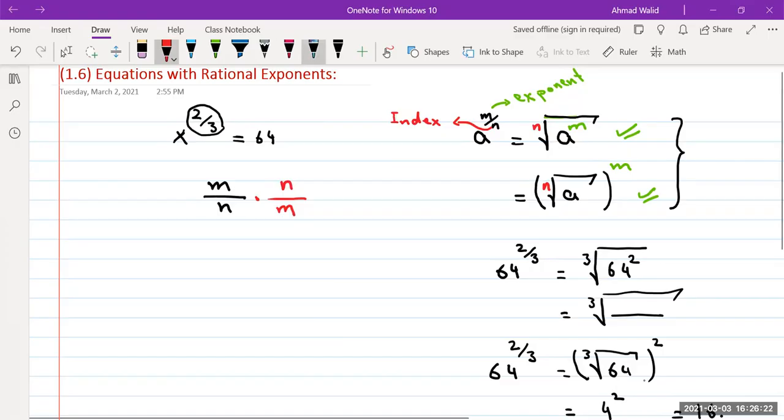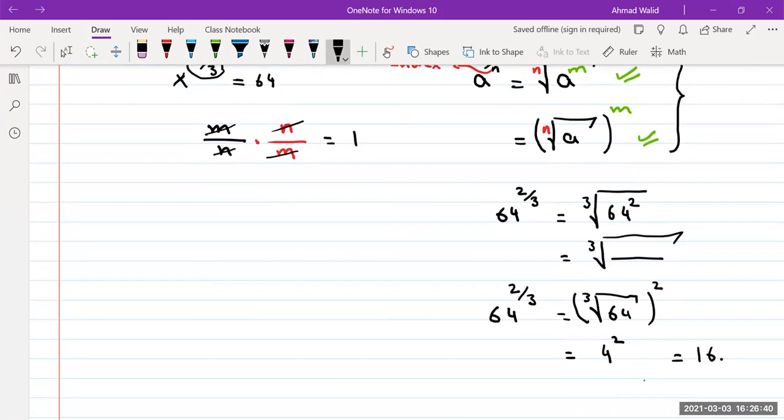If I do this, my answer is always 1, because n cancels out with n and m cancels out with m. One more rule we have to remember here: if you have a to the power of m, all to the power of n, the power rule of exponents, to simplify this you write a to the power of m times n, multiplying the two exponents.